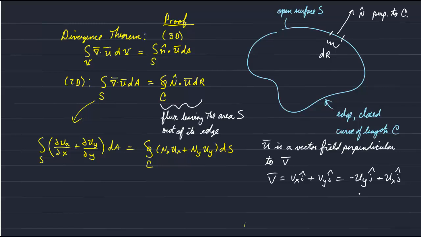If you sketch this out, you would see that u and v are orthogonal to each other, and this is how the two components relate.